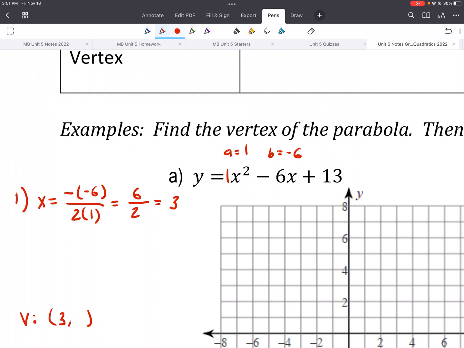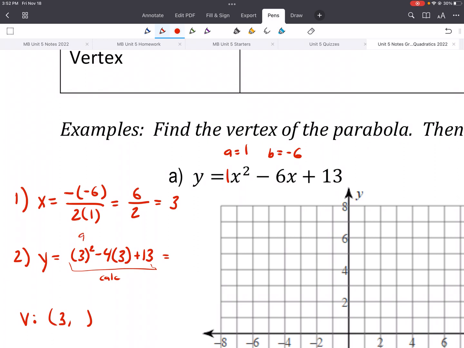If you have an x and you need to find the y, what can we do? We do the same thing we did with intercept form. We can plug it into our equation. So y equals x squared, well x is 3, square it, minus 6 times x, again x is 3, plus 13. I would recommend using your calculator. You could also do it by hand.